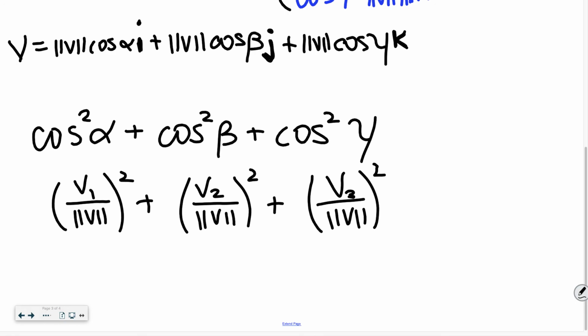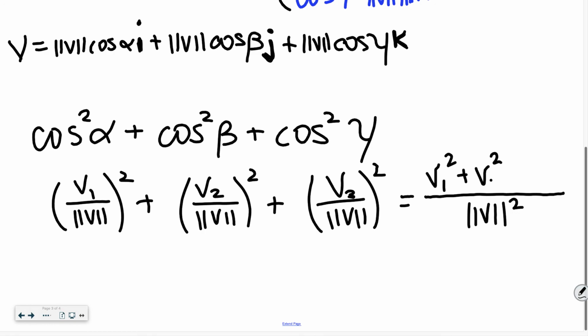Okay. So here are our directional cosines. I replaced them with the other side of the equal sign. So I have 3 fractions that I'm adding together. What's every denominator? 29. But this is generalized: magnitude of v squared, correct? Our numerator is v1 squared plus v2 squared plus v3 squared.